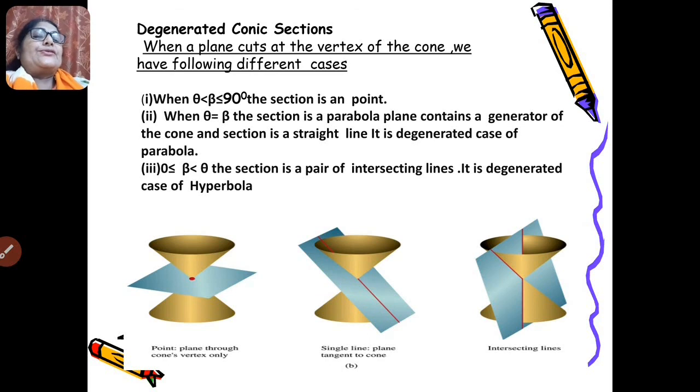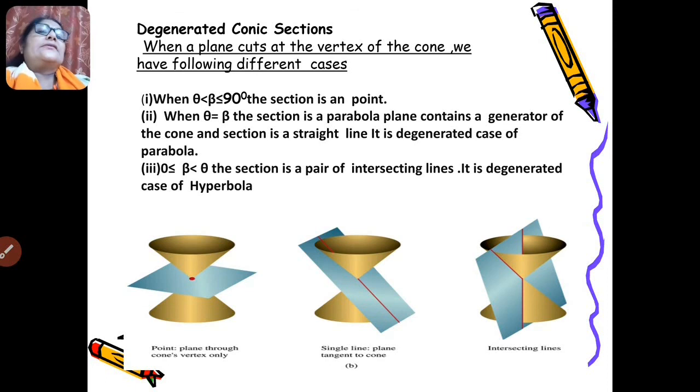It is the degenerate case of an ellipse. Second, when theta is equal to beta, the plane contains a generator of the cone. So the section in this case is a straight line and it is a degenerate case of a parabola.